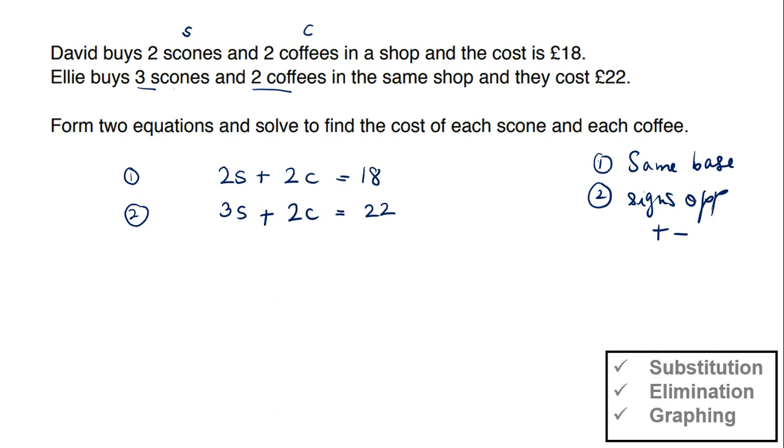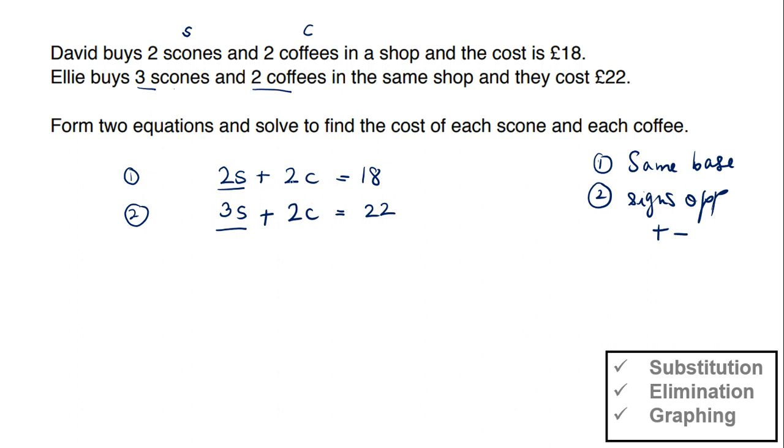Now, for the first condition, same base, I first have to see which variable I can take. If I go ahead with the S's, they do not have the same base, and they don't have opposite signs either. So this does not look like a good option.